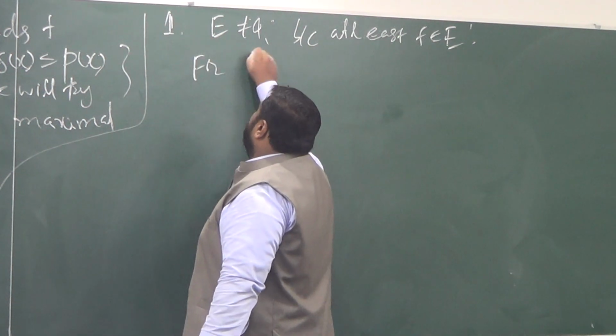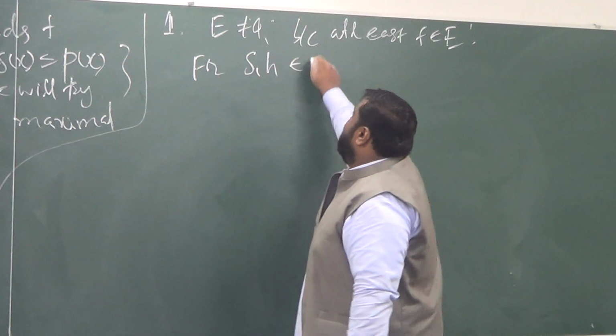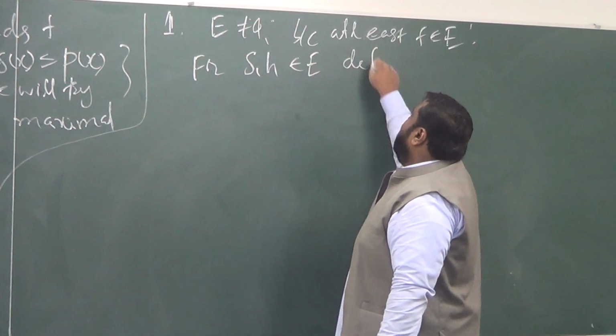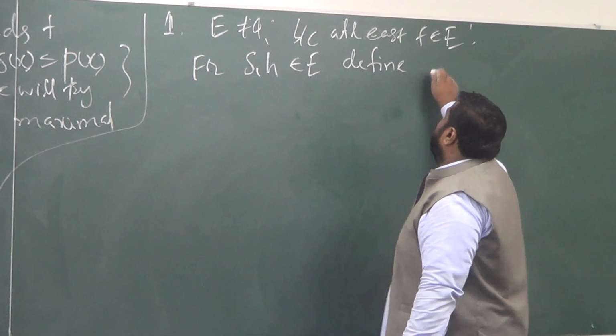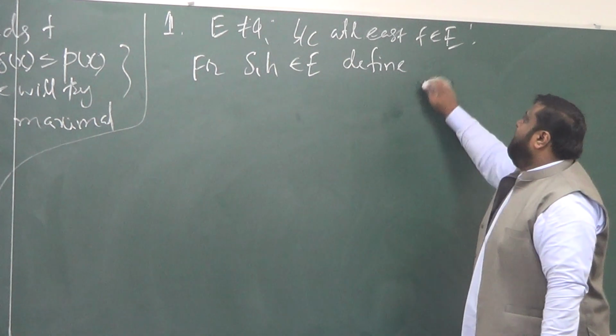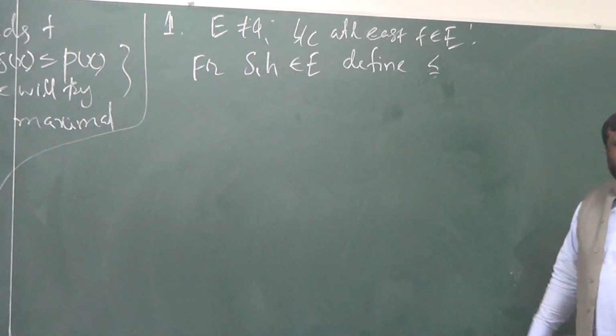So for G and H in E, define an order, okay, a partial order, denoted by less than or equal to.